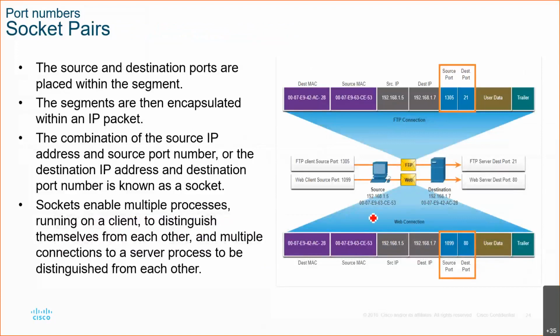So you have got a source port and a destination port associated with your connection. Let's say this is one user and this is another user. If you take into account the source port and the source IP address, we call that a socket.